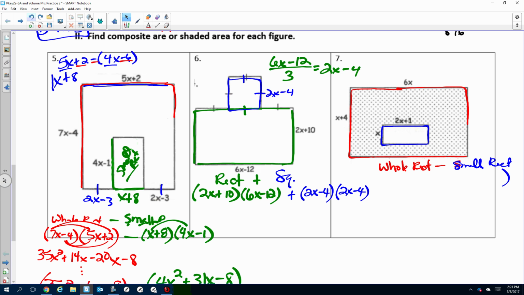My whole rectangle is 6x by x plus 4. I did it that way because you can see it's easier to distribute here. And then my small rectangle is x by 2x plus 1. And so we're just going to distribute and simplify, combine like terms. So that takes care of that section.